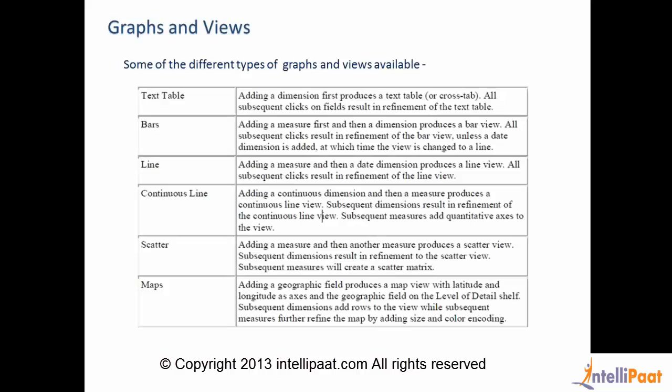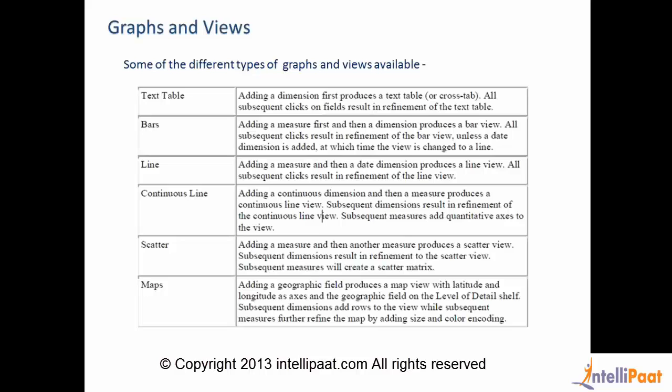This is what Tableau is meant for, creating different graphs and views. Tableau supports a lot of things: a text table, bars, lines, continuous lines, which are basically trend lines, scatter plots, and maps. These are, at a very high level, the charts that are supported.